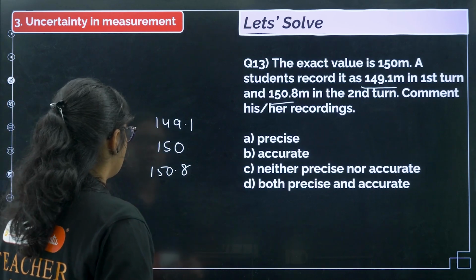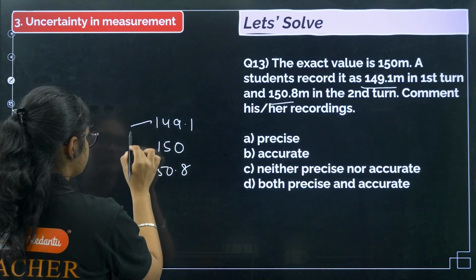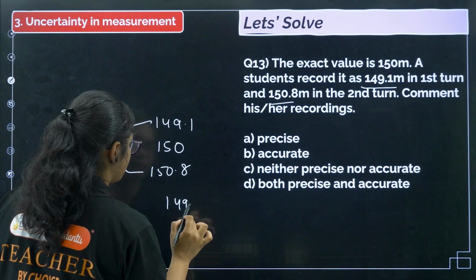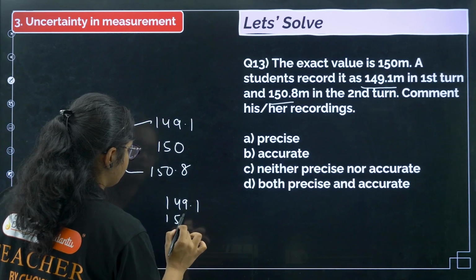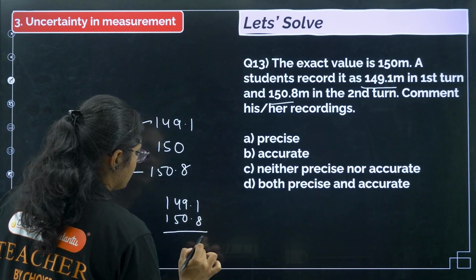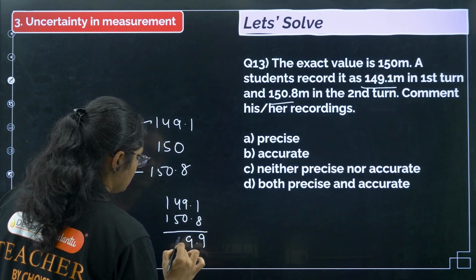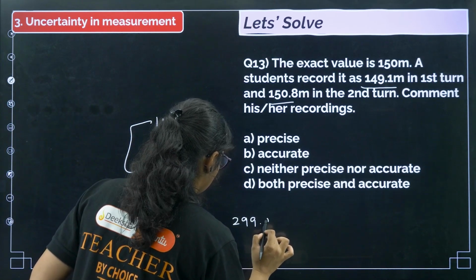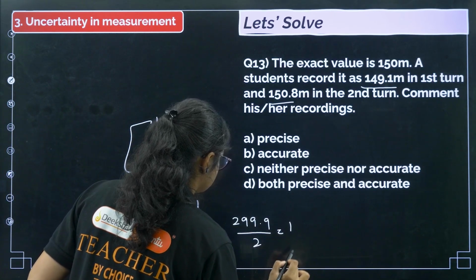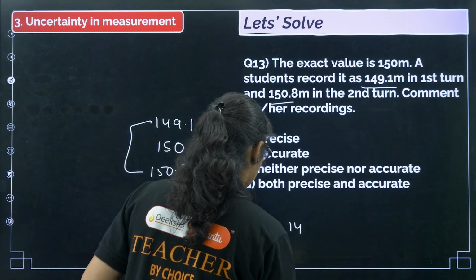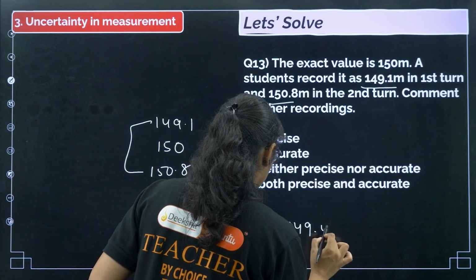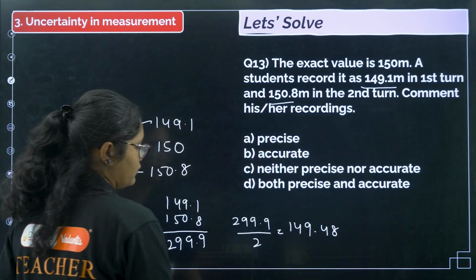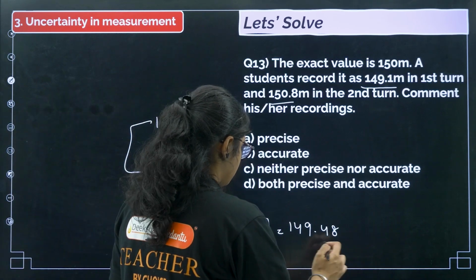Now if I take the average of these two, 149.1 and 150.8, I'll get 299.9 divided by 2, right?